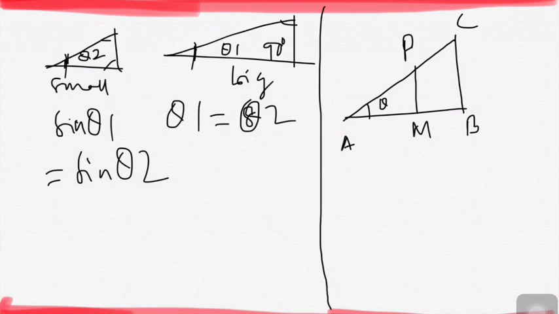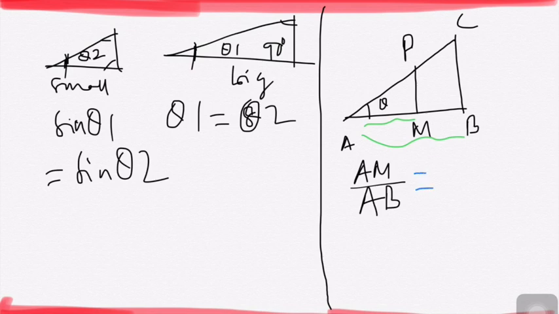By the property of similar triangles, the corresponding sides of the triangles are proportional. By this what we mean is AM by AB should be equal to AP by AC. This we can easily write, right?